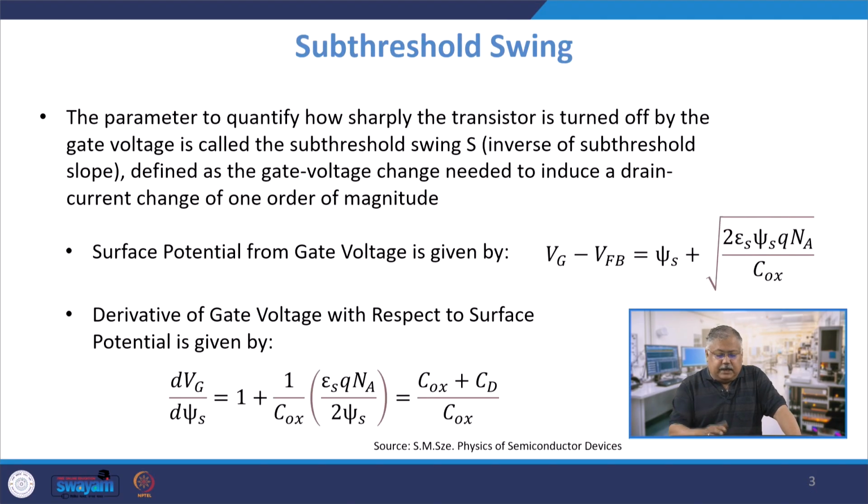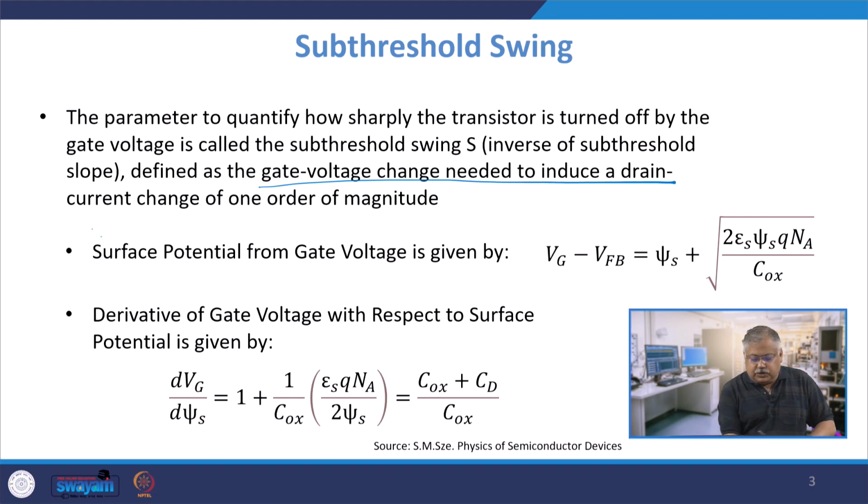So, with this outline I told you, let us deep dive into subthreshold swing. If you look at the first paragraph here, it quantifies how sharply the transistor is switched off by the gate voltage, right, and it is basically the inverse of the subthreshold slope. As I discussed in the previous slide, it is the gate to source voltage needed to induce a drain current change of 1 order of magnitude.